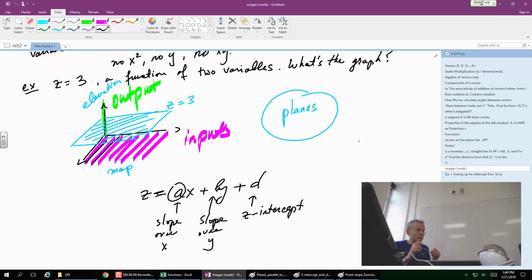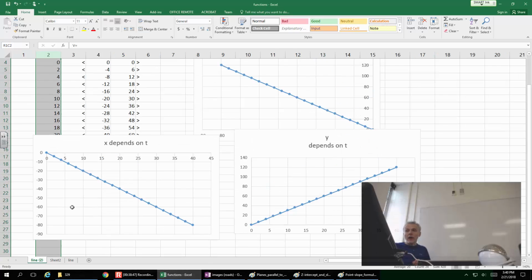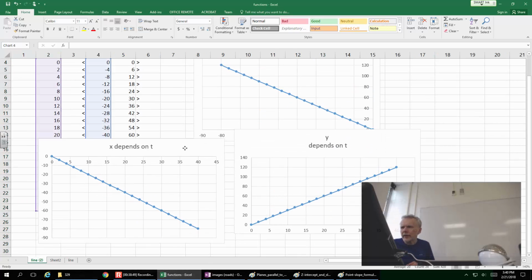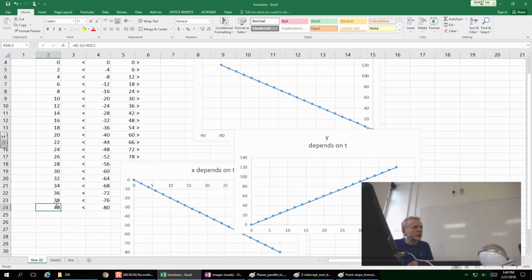X, Y. Right. Okay, but how many? So for example, over here, how many points did I have? I have 40 points. How many points should I have? So would 40 still be okay? No. I want to match them up.